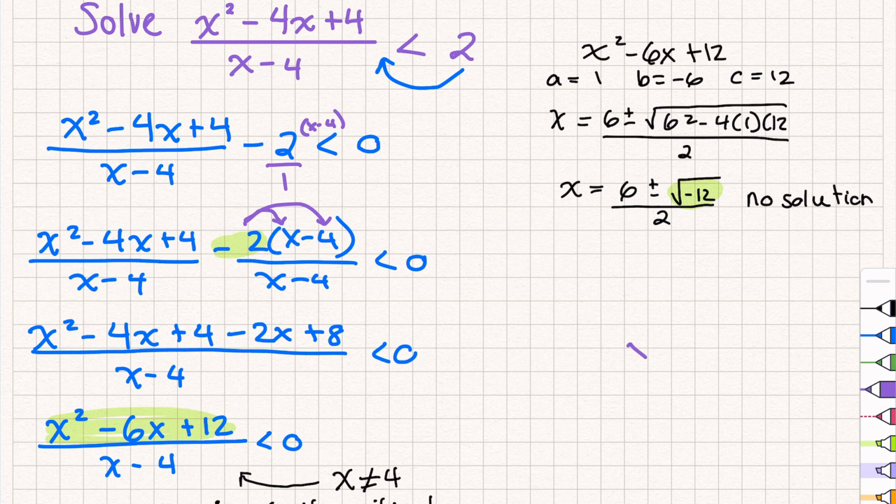So we know that at x equals 4, this function, because the denominator will be 0, is going to be undefined. Now we're also going to check when x is greater than 4 and when x is less than 4.